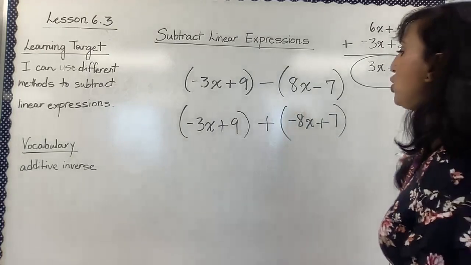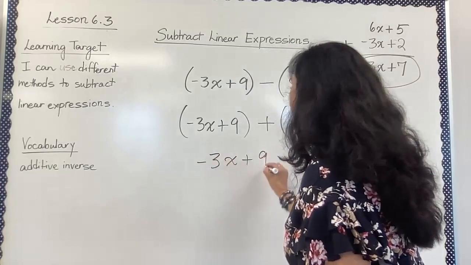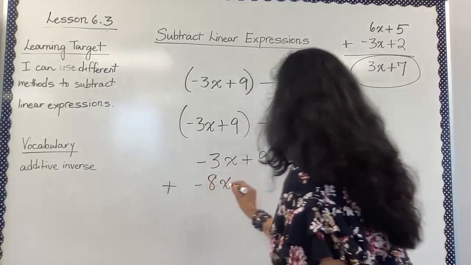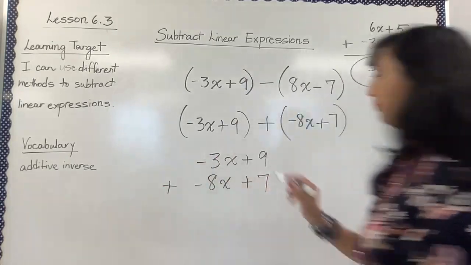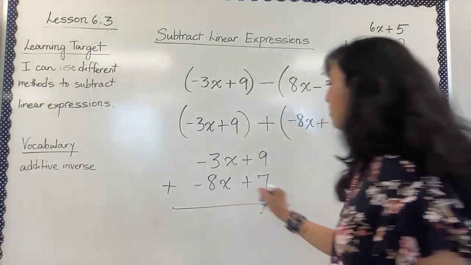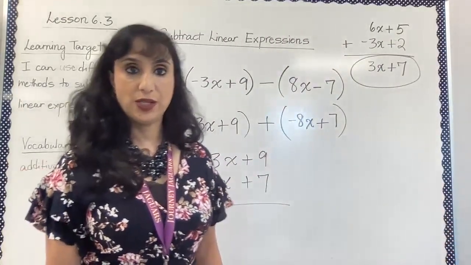And then I can arrange them in columns. I have negative 3x plus 9 plus negative 8x plus 7. Now I can see same signs, so I add those values.